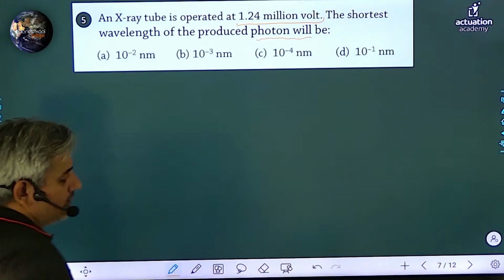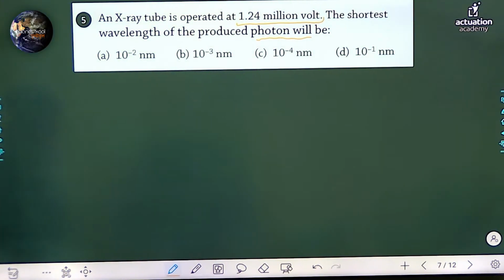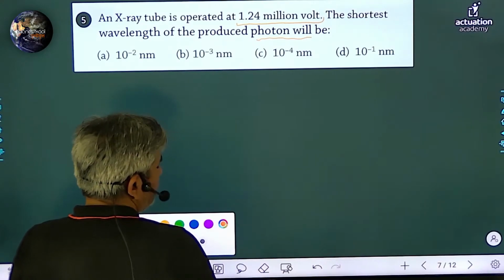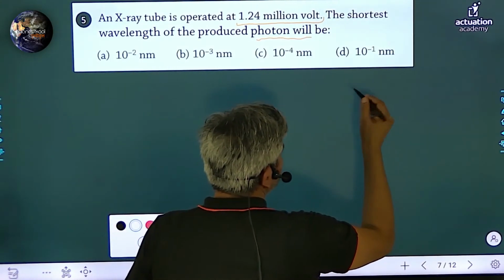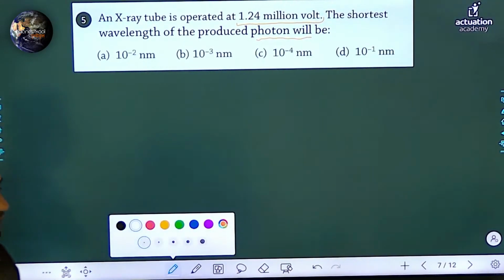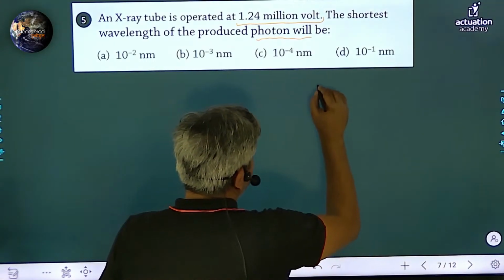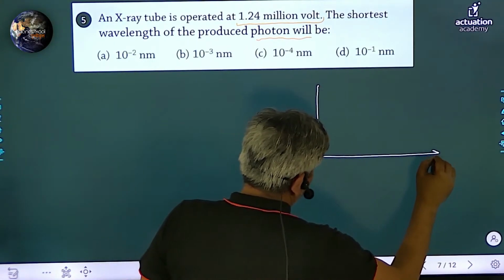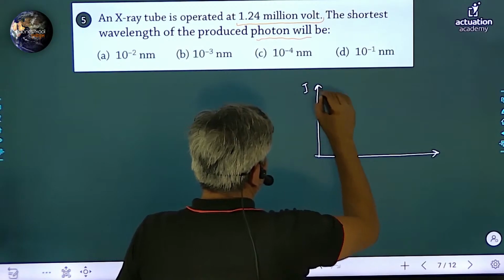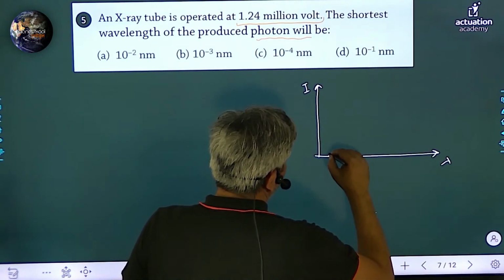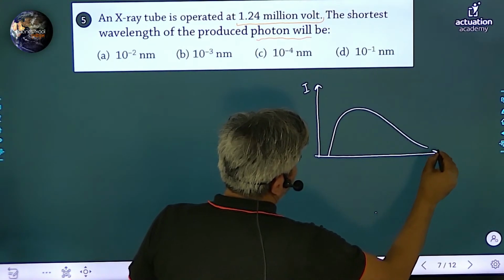If we remember how X-rays work, we accelerate electrons and bombard them on a metal, and when they get decelerated, they emit photons in the X-ray region. If we remember the curve of intensity versus lambda, the curve of continuous X-rays looks like this.